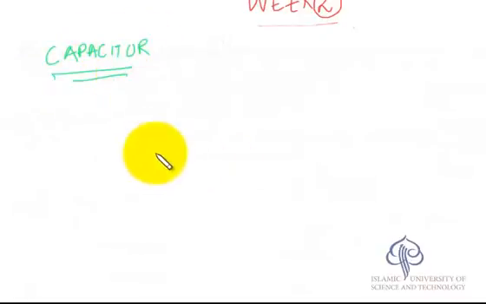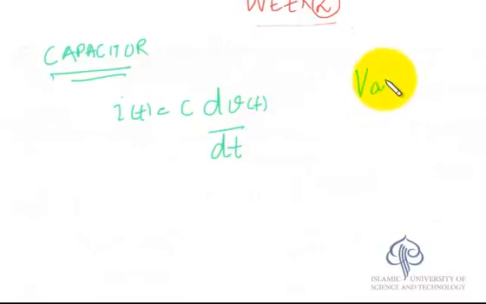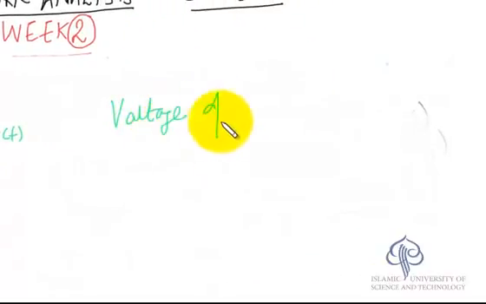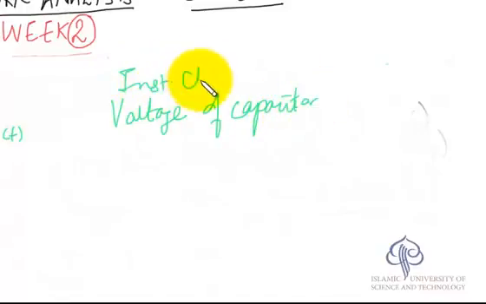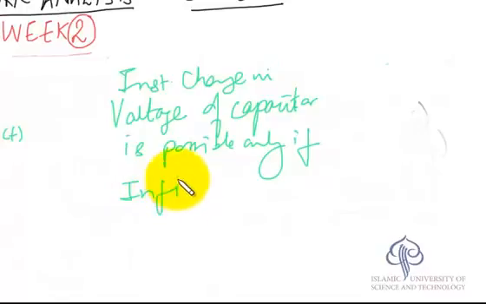In the capacitor also, we know that i(t) is equal to C dv(t)/dt. So an instantaneous change in voltage of the capacitor is possible only if infinite current flows through the capacitor.